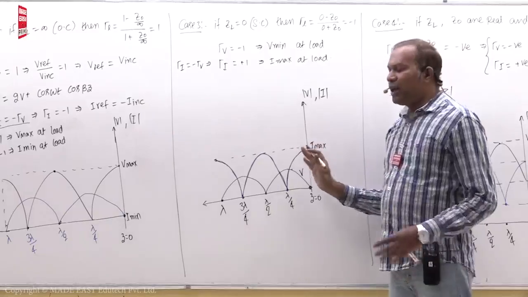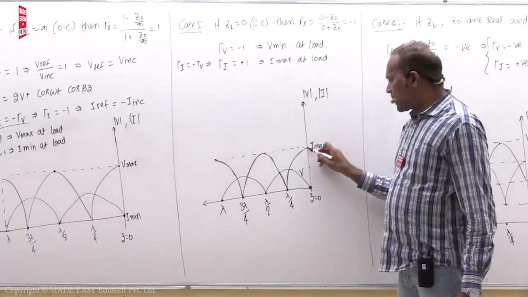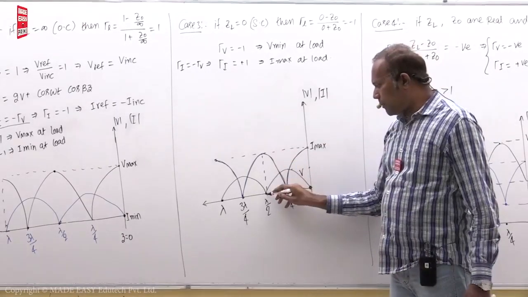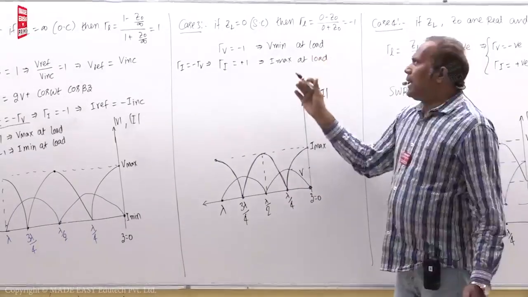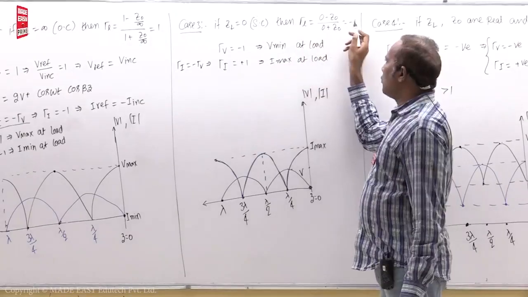Then the values repeat for lambda by 2 distance. For example, I maximum is here, again that value is repeated for lambda by 2 distance. We will study that later on. So here if you want equation wise, if ZL is 0, then gamma L is minus 1.